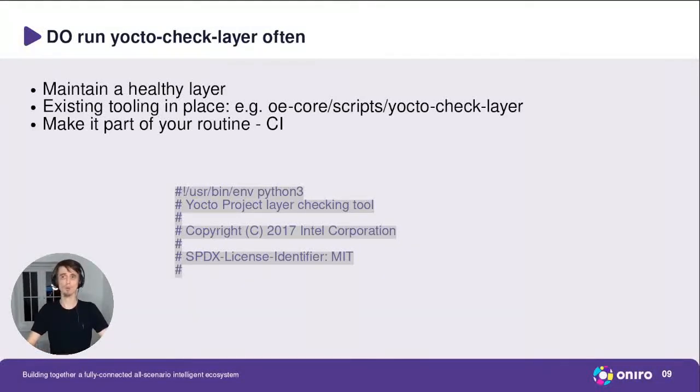So if you ever want to go through that program or you want to maintain that compatible status, you want to run that script often, or even better, run it through your CI pipelines. Nevertheless, taking advantage of this tooling is going to maintain a healthy layer, and that is something you want to strive for, because it's going to give you an easier route of maintainership on your software stack.